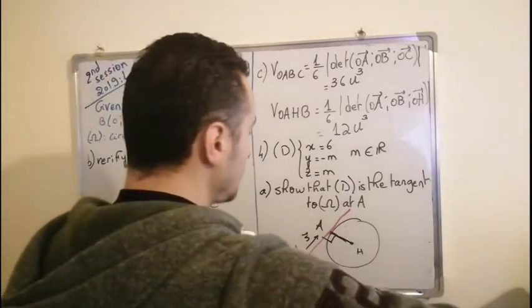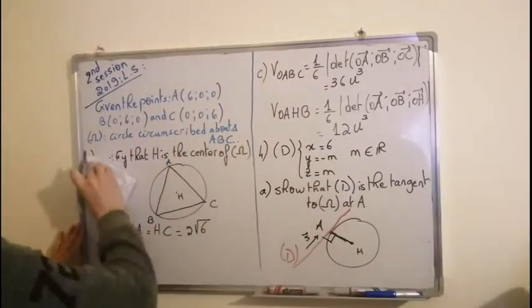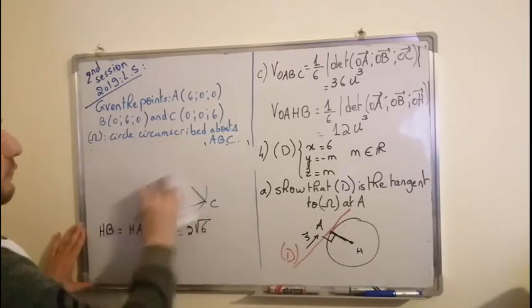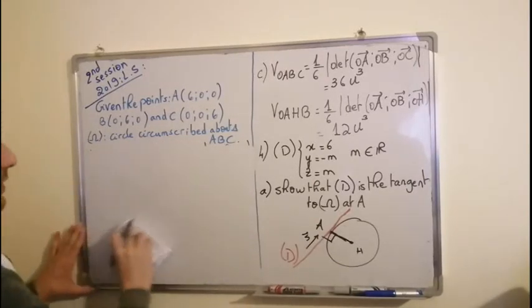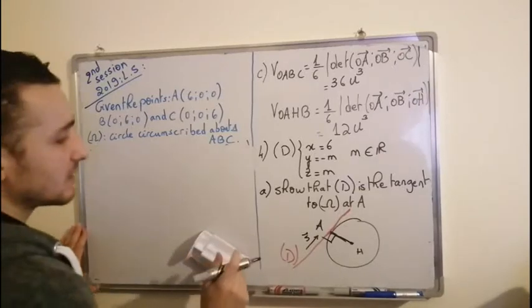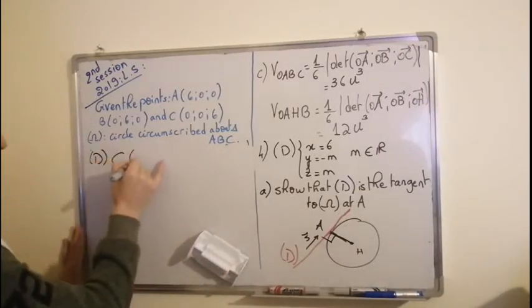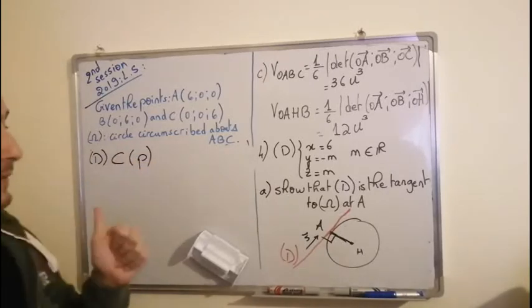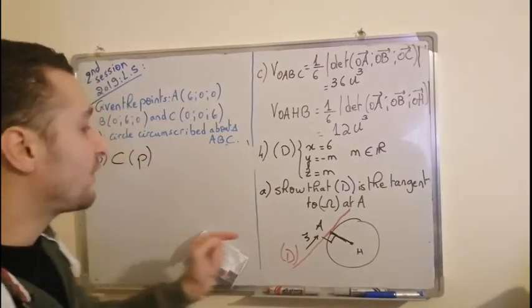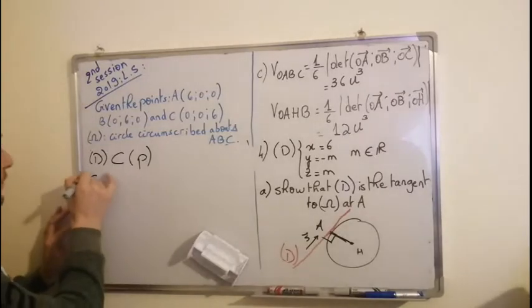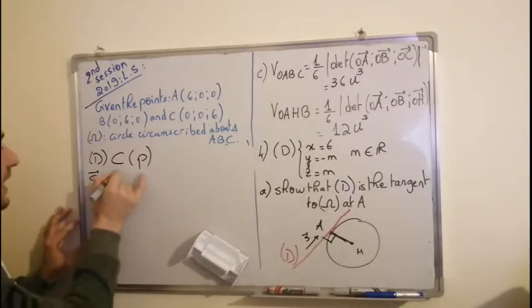So now the first step is to say that the line D is included in the plane P. Second step is to find the coordinates of the directing vector of the line D.